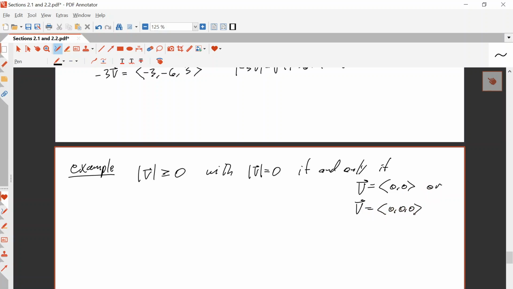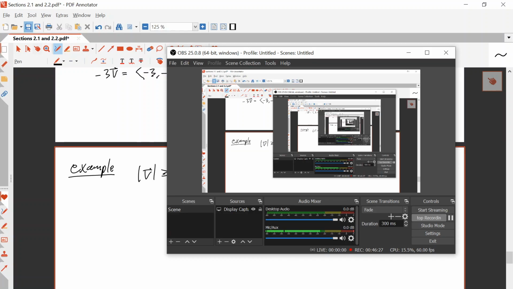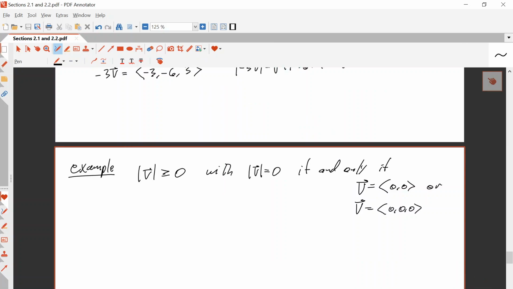So the vector whose coordinates are all 0, like that.